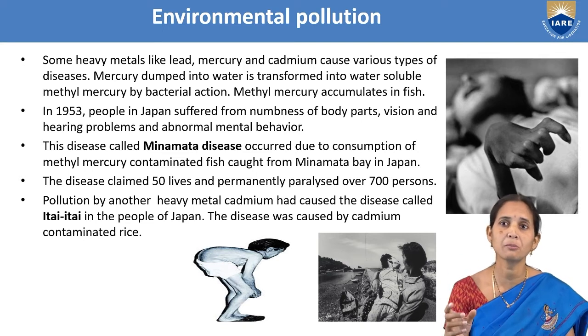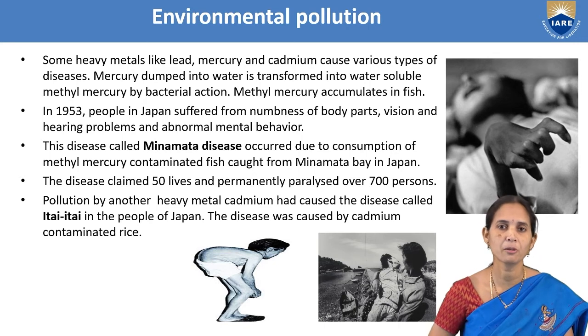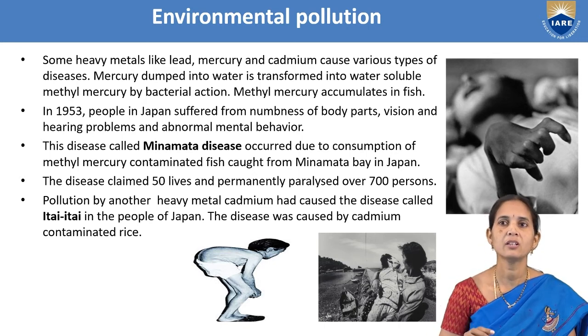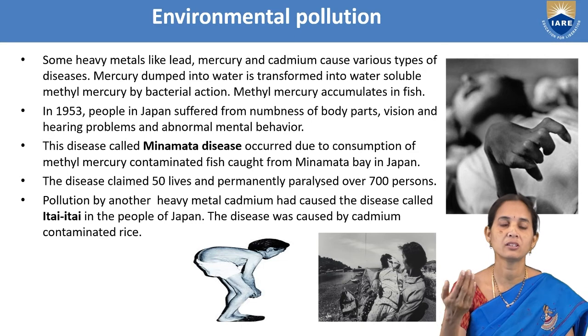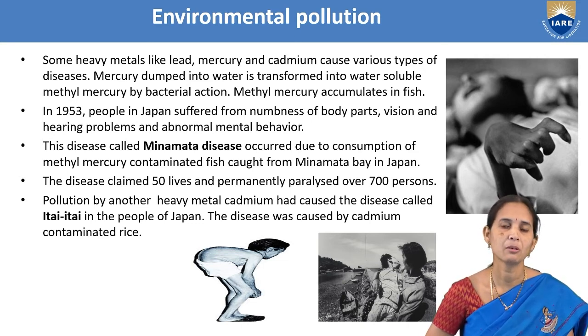Minamata disease is where people suffer numbness of body parts, vision loss and hearing problems, mainly because of consumption of methyl mercury contaminated fish caught from Minamata Bay in Japan. From that area, the people collected the fish, and the fish was affected by methyl mercury.